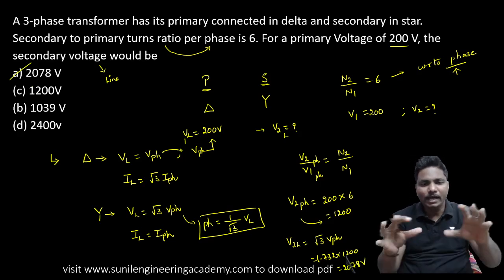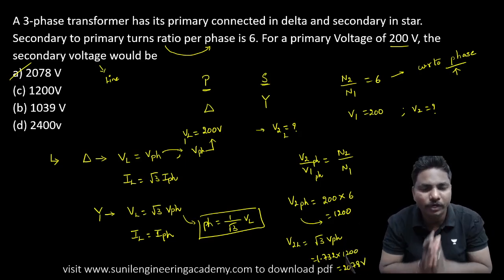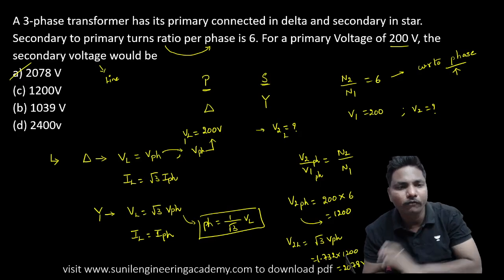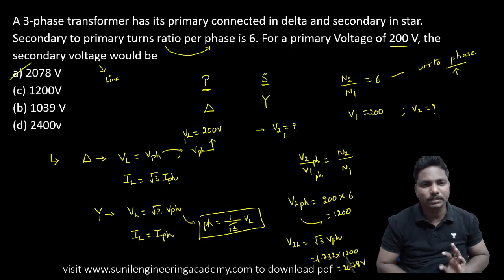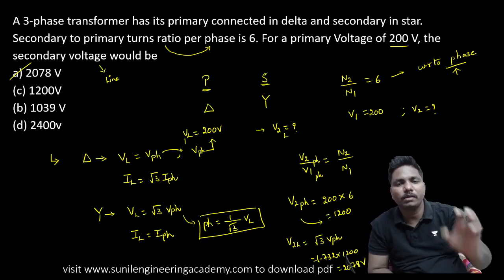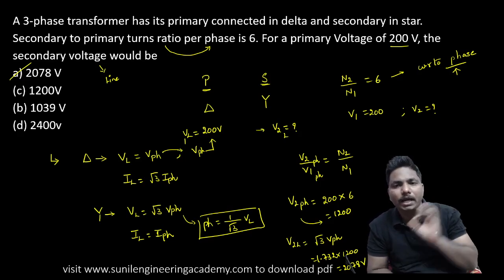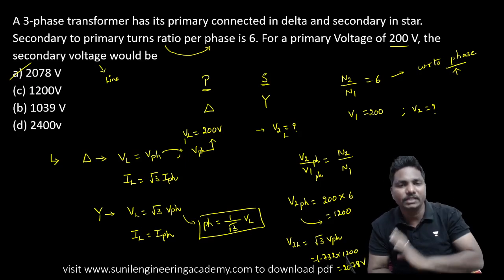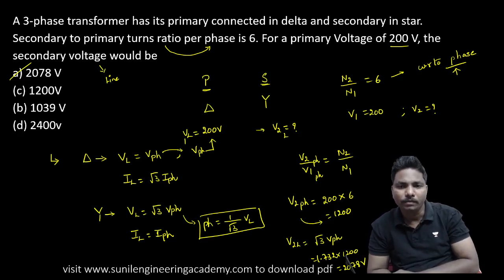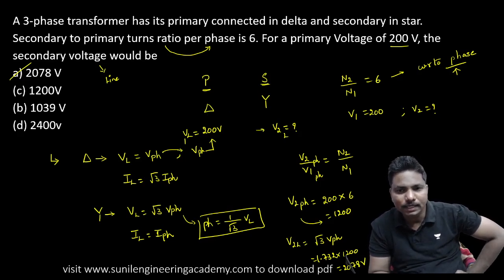Here I have given a lot of writing, but in the examination it is not needed. Simple idea, listen carefully. Whenever they give a question on three-phase transformers, we have to be aware of delta and star connection and their corresponding line and phase relationship. Primary is delta, secondary is star.